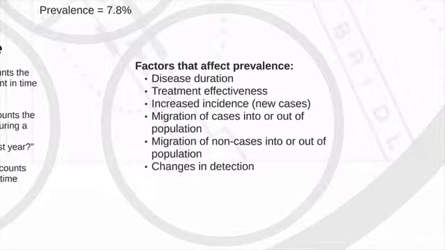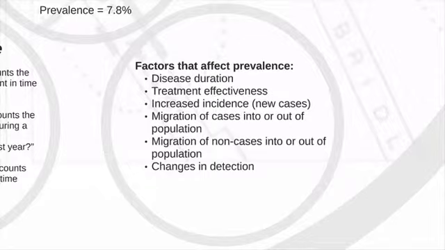The inverse is that if we don't have effective treatments for something, as soon as someone gets a given health outcome, they're going to have it potentially for their entire lives. And so you may see a very high prevalence of diseases that don't have effective treatments because they're just accumulating within the population. You may imagine something like type 2 diabetes, which doesn't have a treatment to the extent that it would go away. You essentially always have it, but you're able to manage it.